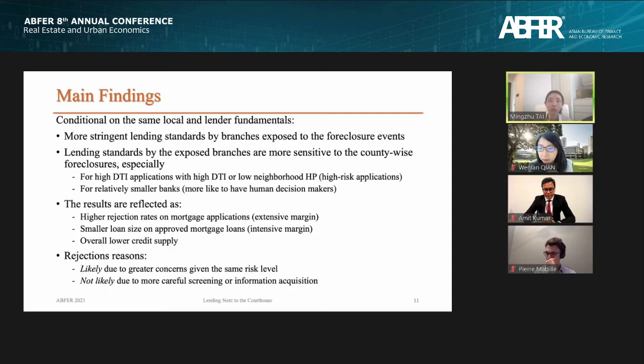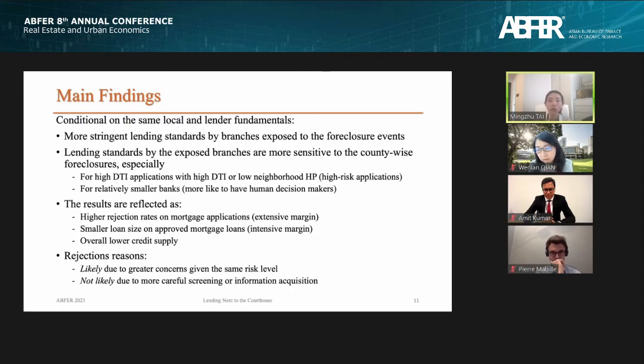But instead, if the county's housing market is collapsing such that there are a lot of foreclosure auctions going on, then if I am located right beside the county courthouse, I will have a much better chance to be aware how bad the situation is, while my colleagues who are just a few blocks away cannot directly observe the auctions. So in other words, our effect is driven by these dynamic differences in terms of sensitivity to the foreclosures. And for those exposed branches, their lending standards are just more sensitive to the foreclosure events.